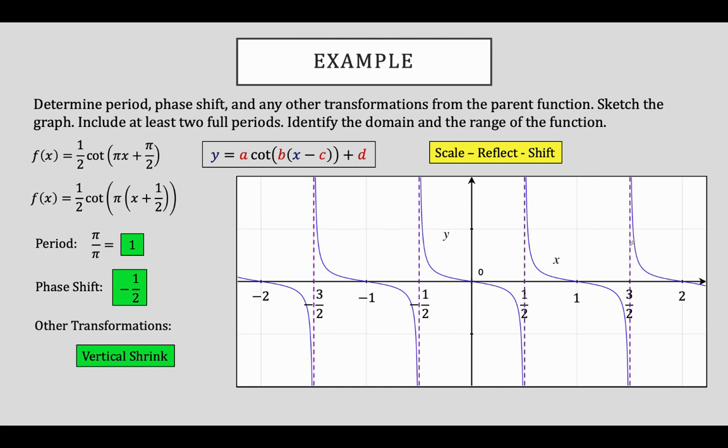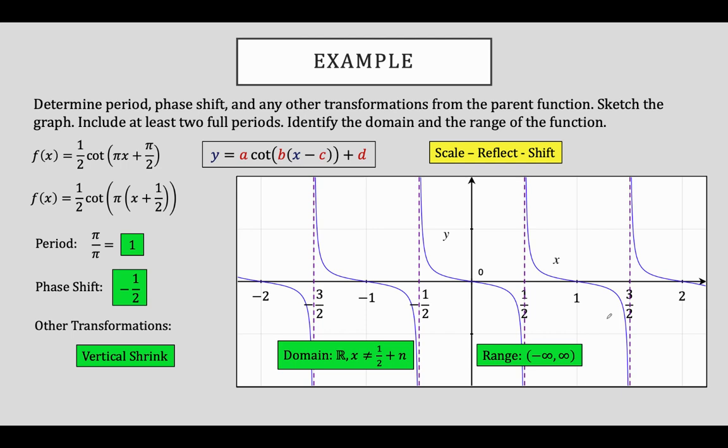So that would be plus n times 1, and n times 1 is just n. There is our domain, all real numbers. X cannot equal 1/2 plus n. That will represent every single one of these vertical asymptotes, right? We would have an infinite number because they would continue as we move to the left and to the right. And our range, as is for every single cotangent and tangent function, all real numbers.